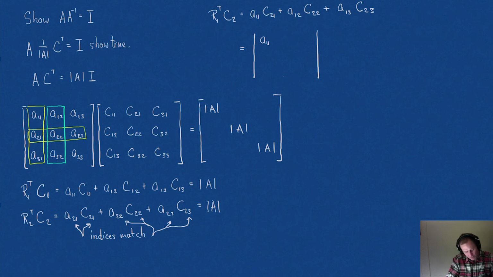The C21 submatrix means you'd cover up row 2 and column 1, and that would give me the subdeterminant of A12, A13, A32, A33.